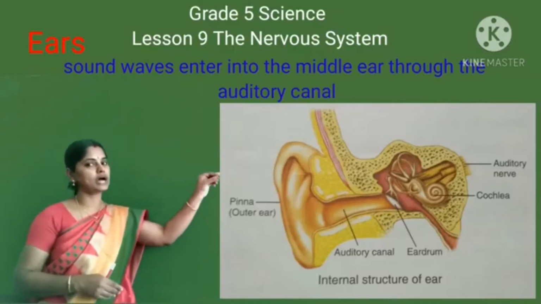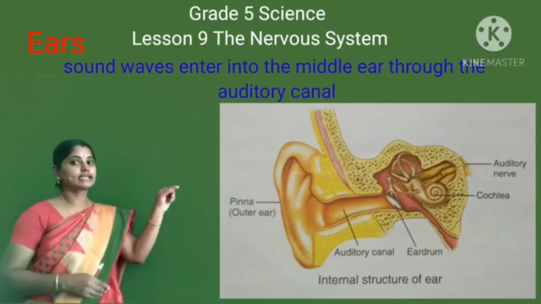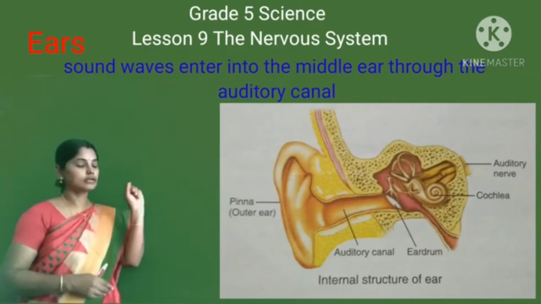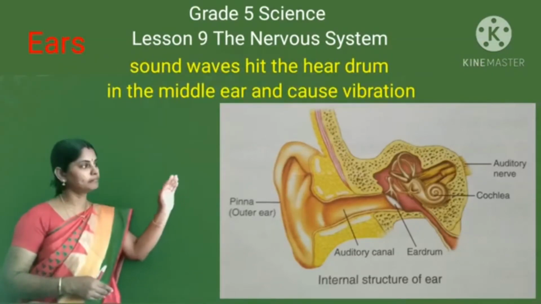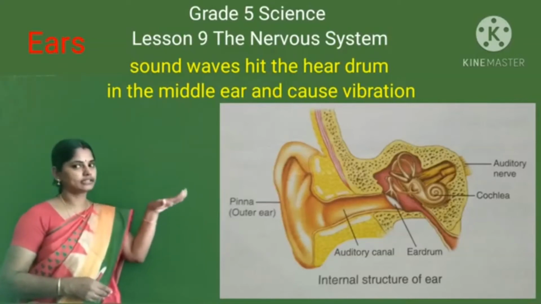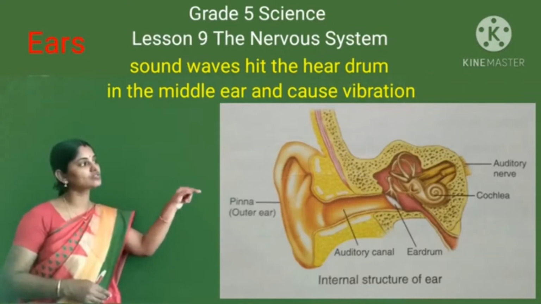Sound waves pass into that. Those sound waves hit the eardrum. If something hits one area, it starts to vibrate, no? So the sound wave hits the eardrum and it starts to vibrate.